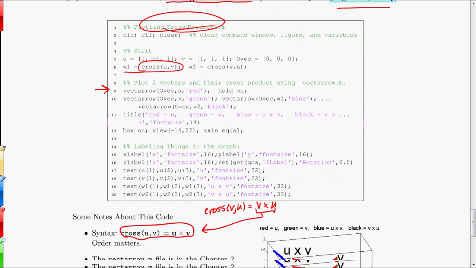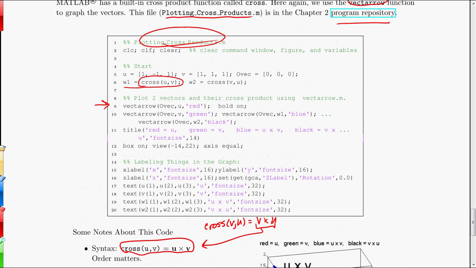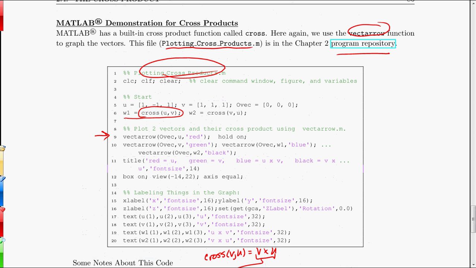That way you can get a better perspective of what U and V look like and what U cross V looks like. The only other thing in here, so we have the cross, which is a MATLAB built-in function, and vectaro, which is one of the functions from the Chapter 2 repository.